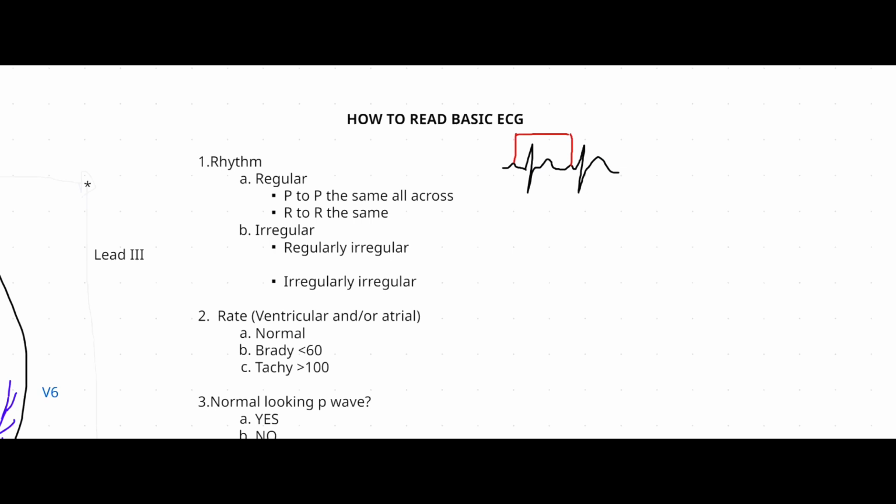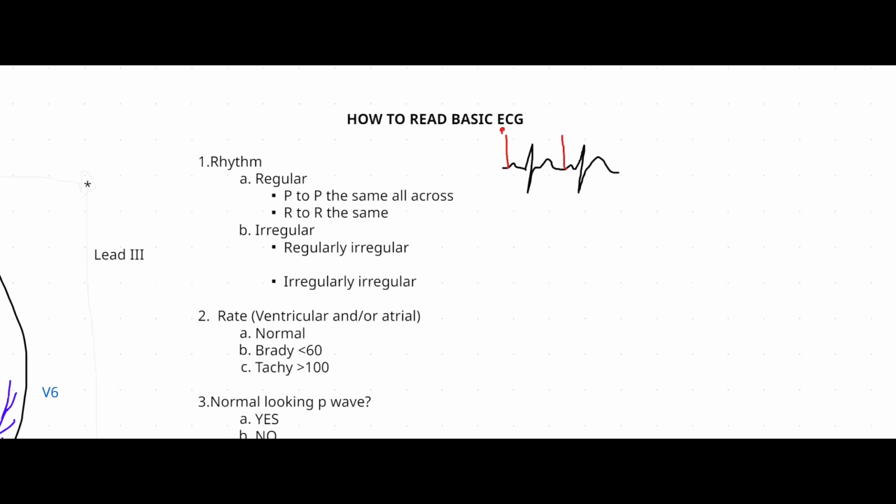Okay, from the beginning, let's correct that. So from the beginning of the P here, and then the beginning of the P here, and then I would normally get a paper, mark that on my paper, and then march it out on the rest of the rhythm. Okay, so this is your P to P.